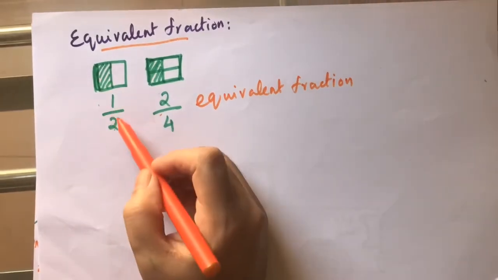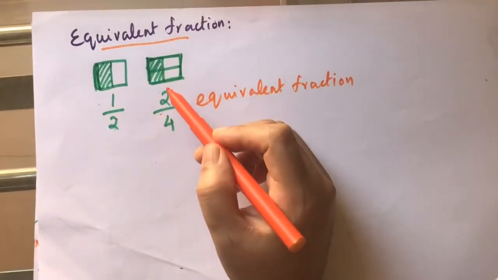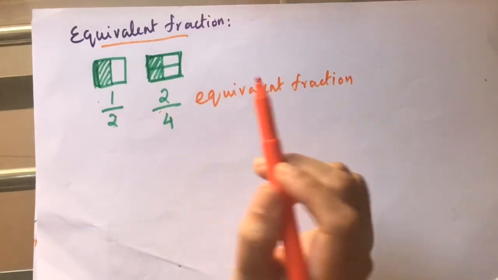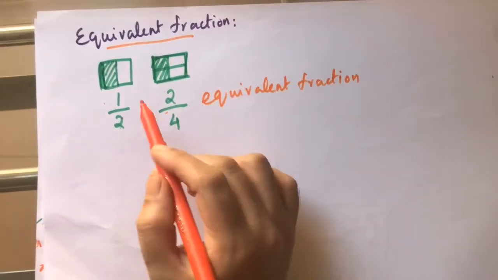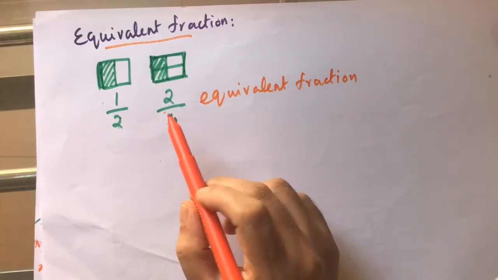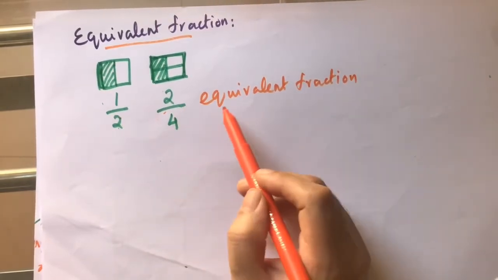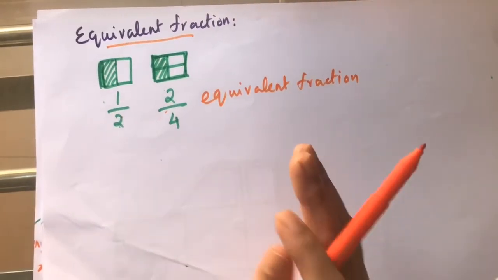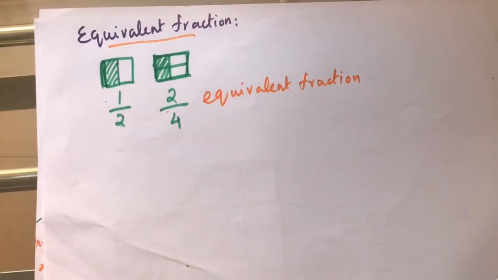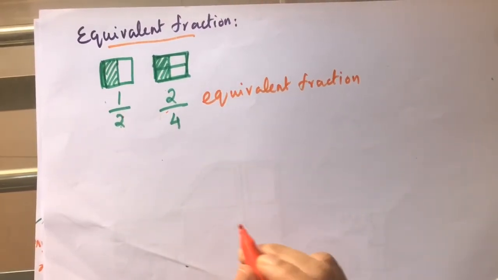Both the figures hold the same size, so I can say it is an equivalent fraction. Its value is the same. So 1 by 2 and 2 by 4 are equivalent fractions.